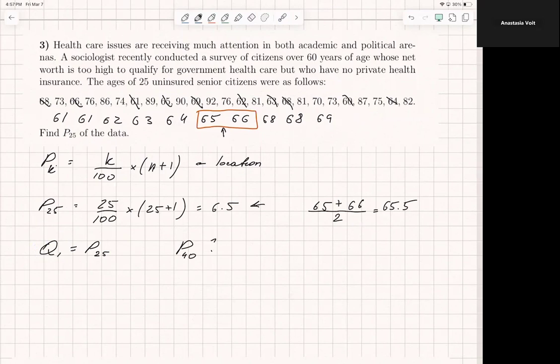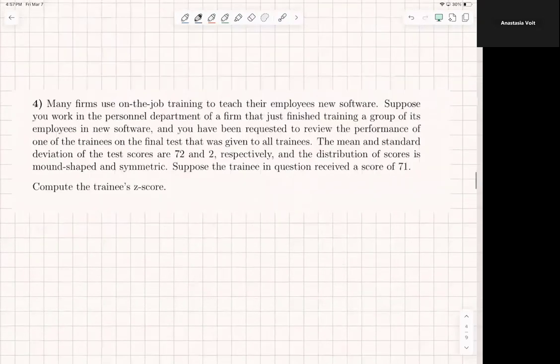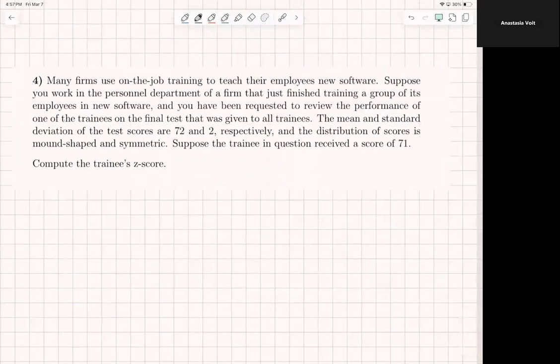Okay. Next question: many firms use on-the-job training to teach their employees new software. Suppose you work in a personnel department for a firm that just finished training a group of its employees in new software, and you have been requested to review the performance of one of the trainees on the final test that was given to all trainees.